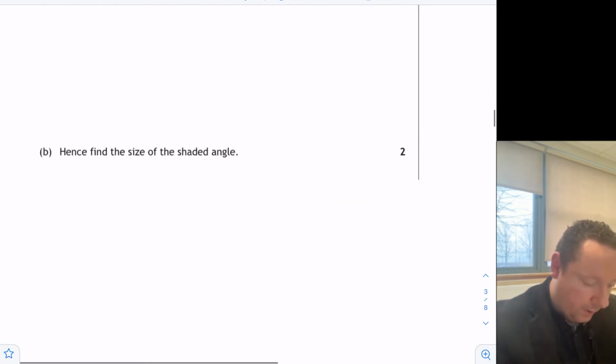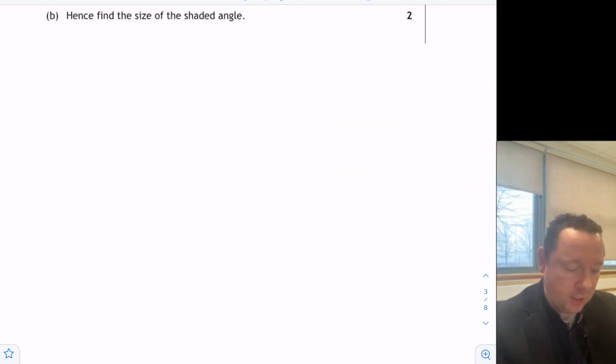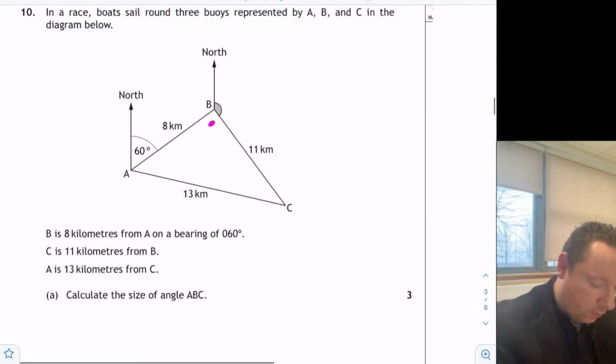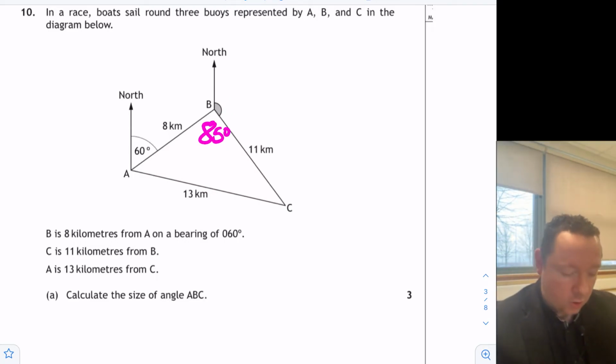So now part b says, hence find the size of the shaded angle. Well, we've already worked out that this is 85 degrees. And it says find the size of this angle here. So we're going to use some angle rules. We know from the previous example that if you've got two north lines, the angles inside those north lines add up to 180. So I can immediately just do 120 there, because 120 plus 60 is 180.